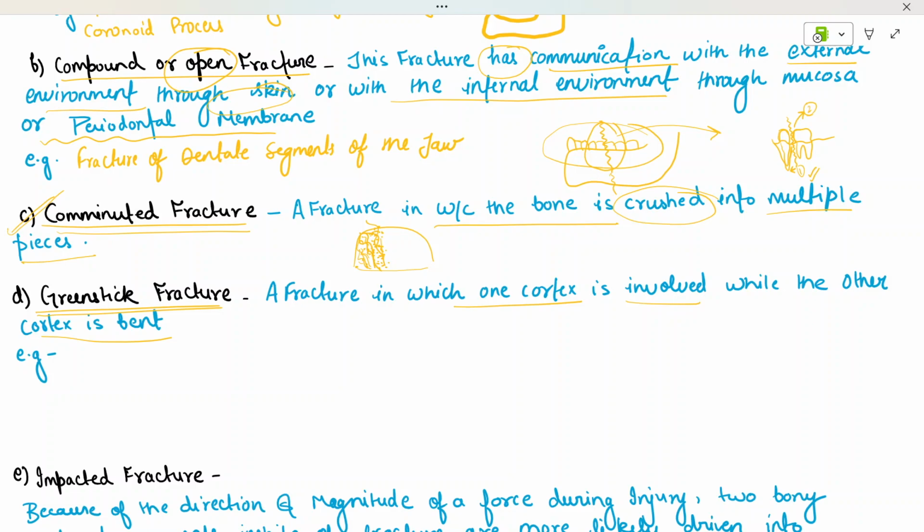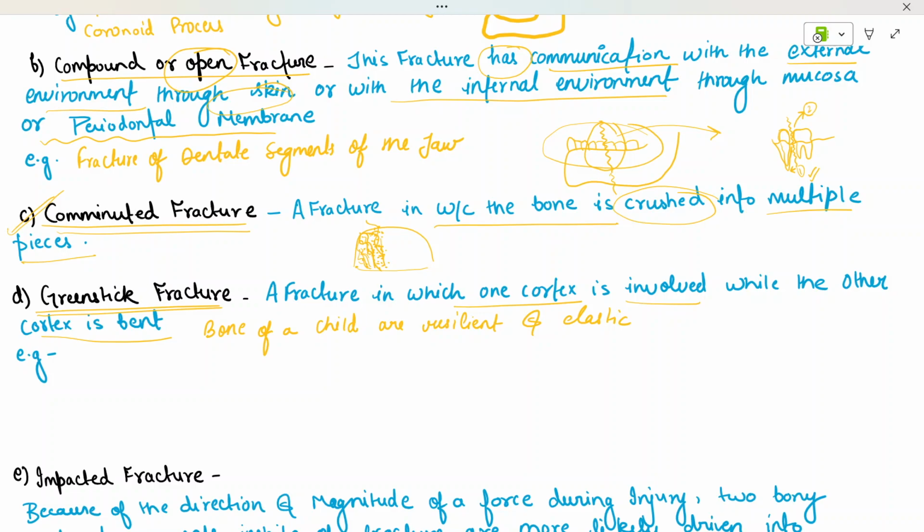In order to understand this, you know that the bones of a child are resilient and elastic. They are not so stiff, they are not so matured.